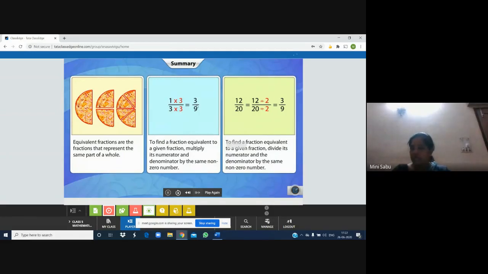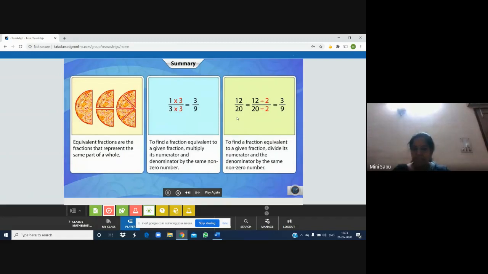This method is called multiplication method. 1 3s are 3, 3 3s are 9. Here it is written, to find a fraction equivalent to a given fraction, multiply its numerator and denominator by the same non-zero number. Yesterday also I explained the meaning of non-zero number, the number other than 0.